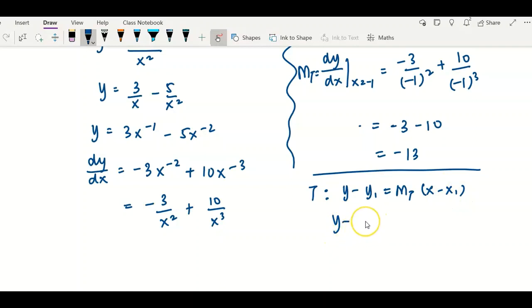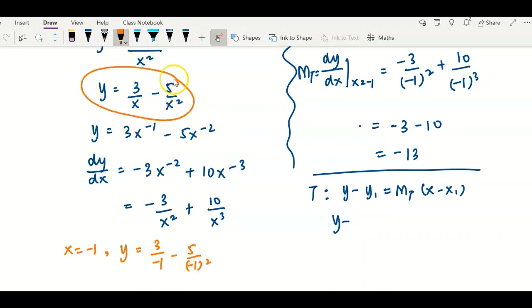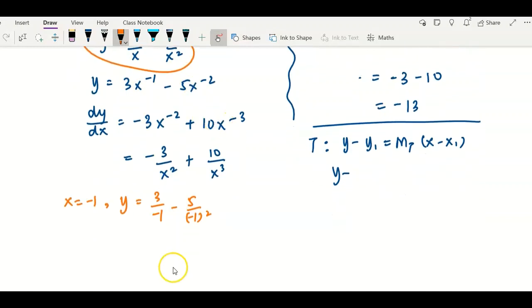To get y1, you need to substitute x equals negative 1 into the curve function. You get y as 3 over negative 1 minus 5 over negative 1 squared, which is negative 3 minus 5. Okay, you get negative 8. Meaning that this is your x1, negative 1, and this is your y1, negative 8.